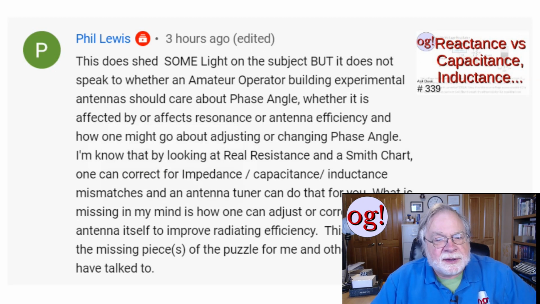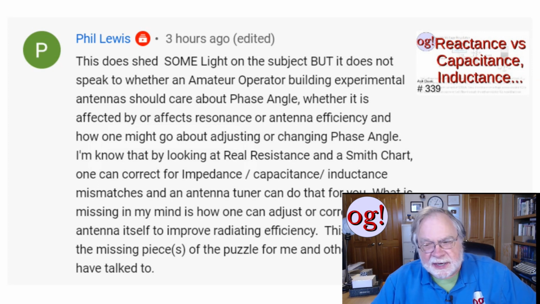The thing is that the capacitance and inductance are inherent in the coil or capacitor, whereas the reactance of the coil or capacitor varies with frequency. He says this does shed some light on the subject.